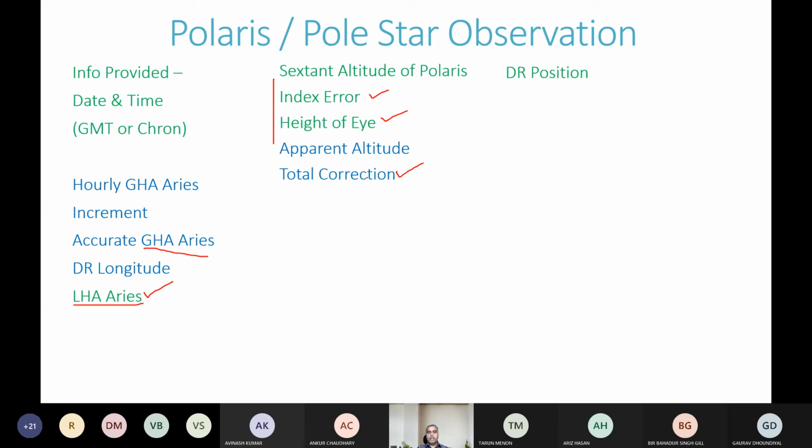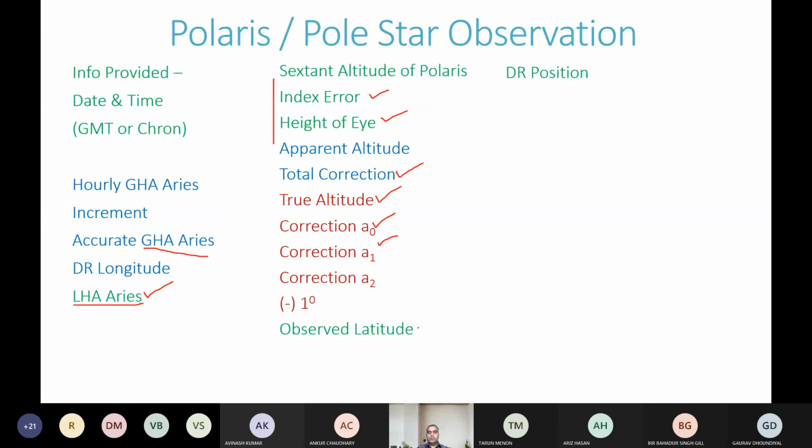You correct it for total correction or refraction. In the case of star, the total correction consists of refraction only. You get the true altitude. You apply A0 correction, A1 correction, and A2 correction. All three are plus. And in the end, you subtract 1 degree. You will get the observed latitude.